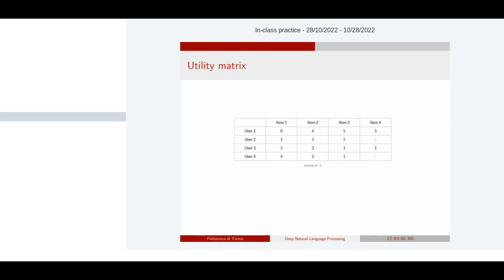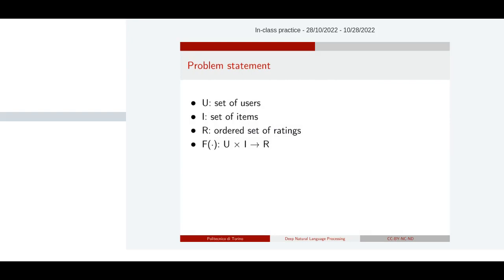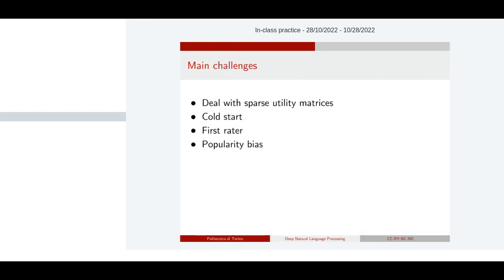So one of the main problems is that, given the entire population and the entire collection of items, which is potentially very large, this matrix is relatively sparse, because many of the user-item combinations are missing, and that user has not rated that particular item yet. So it's a sparse matrix which is full of zeros or missing values.